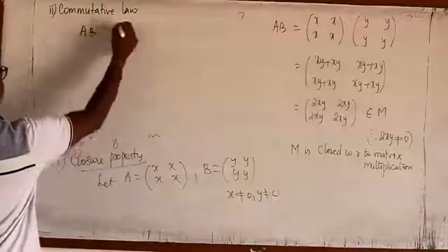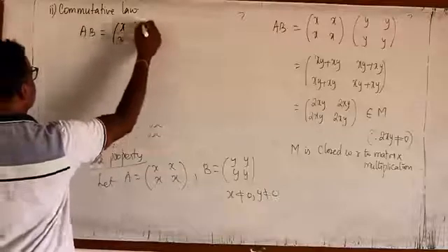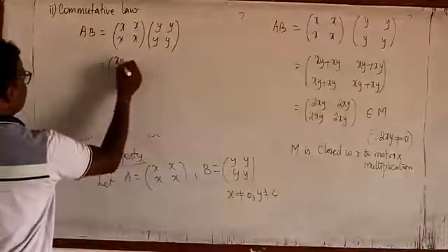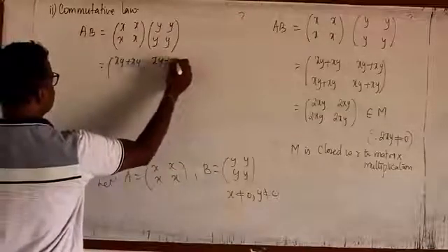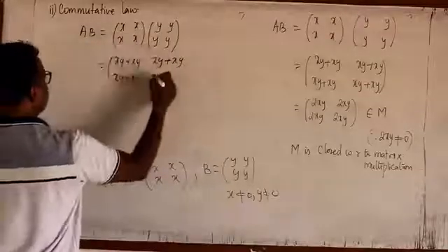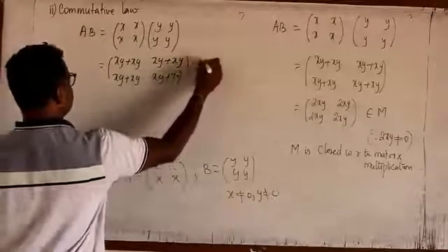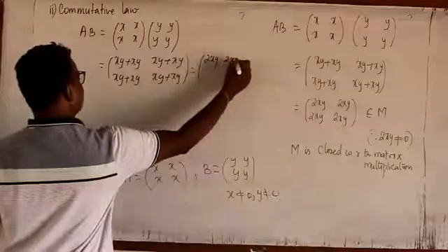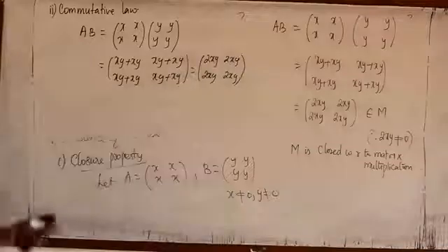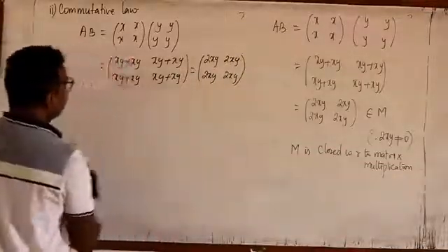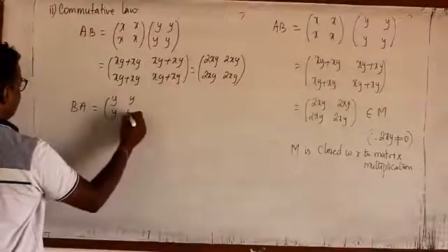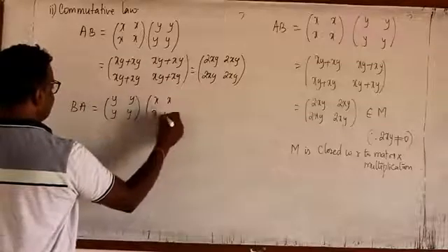Normally, when I take A and B, xx, xx, and then yy, yy, it is xy plus xy, row into column multiplication. So the answer is 2xy, 2xy, 2xy, 2xy. Normally matrix multiplication won't be commutative, but for these kinds of sets, BA will be yy, yy into xx, xx.